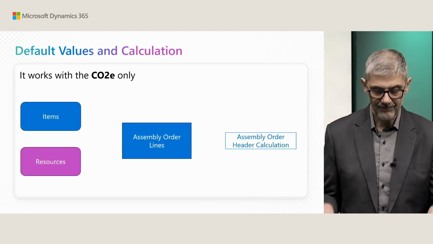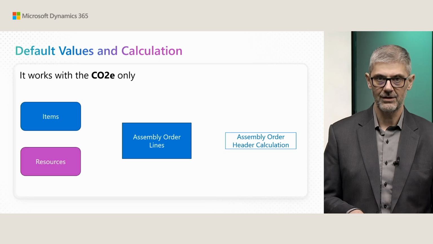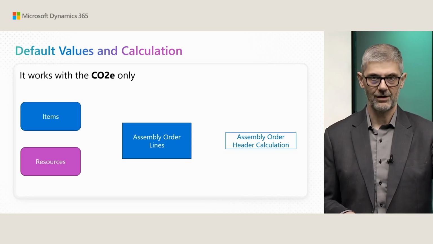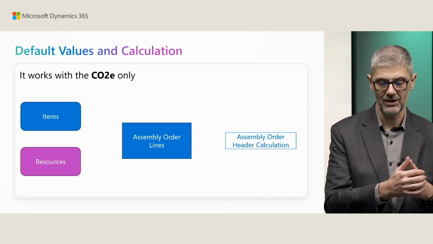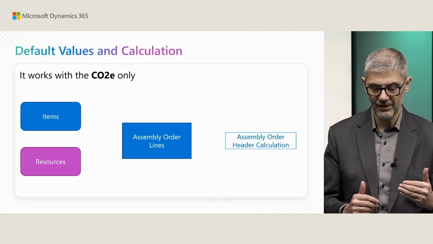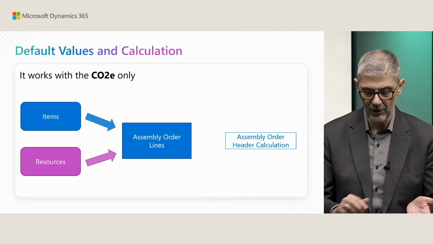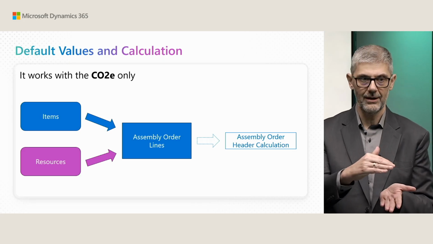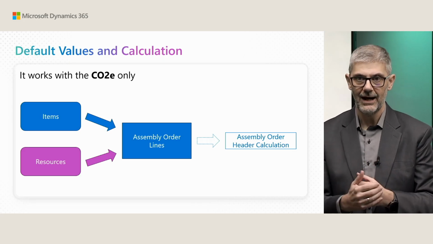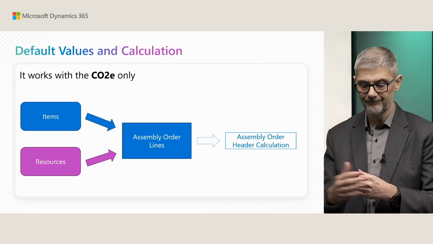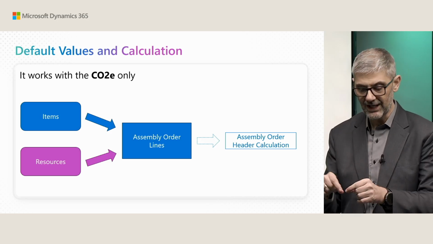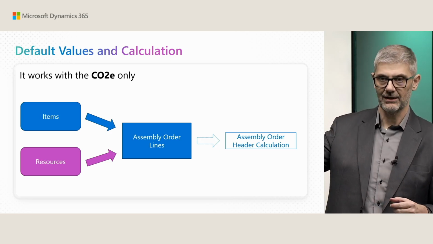Okay, in assembly, everything starts with items and resources, so you can configure your sustainability account and your emissions both on items and resources. And then when you create an assembly order, all these emissions will be transferred to your assembly item. And then when you post, you will get information on the assembly order header calculation.